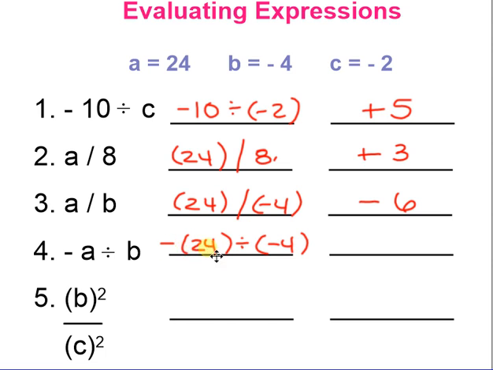I want you to think about this as the negative being multiplied to the positive 24, okay? So, what is negative times positive? It's negative, and you keep the number. So what this says is negative 24 divided by negative 4, okay? Negative divided by a negative is a positive. 24 divided by 4 is 6.